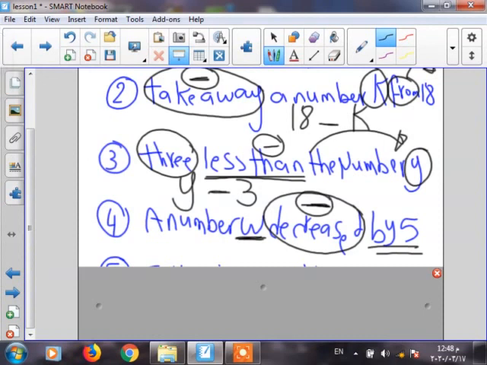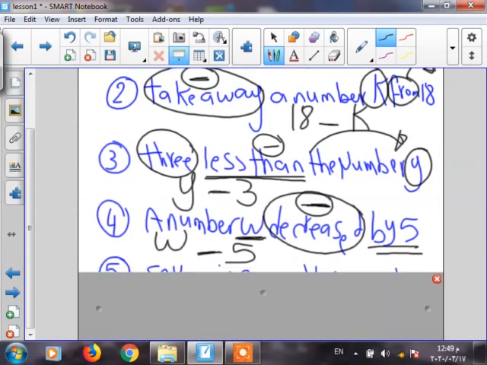So I have a number W, and this number is decreased by 5. Step number 1, I will get it by the order: W minus, because this is decrease, minus what? 5. This is the simple expression.